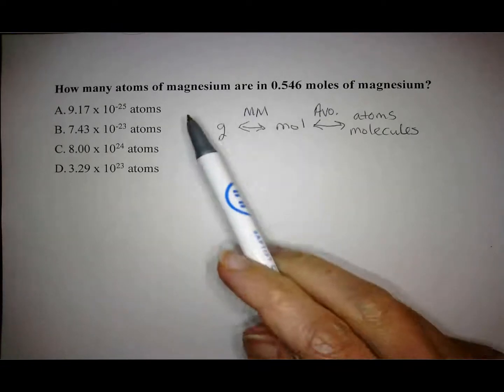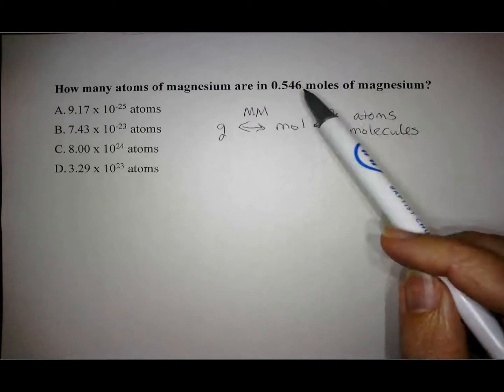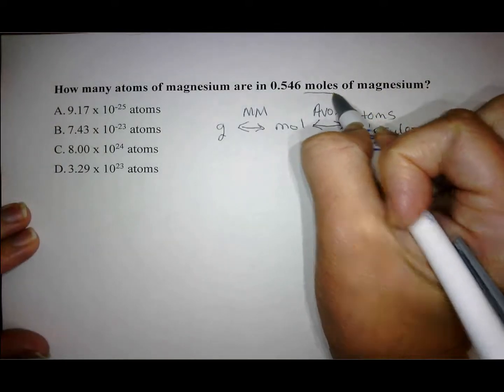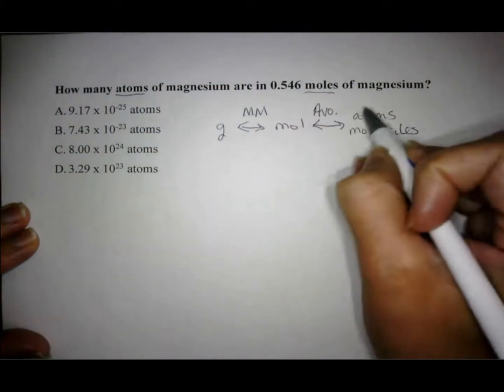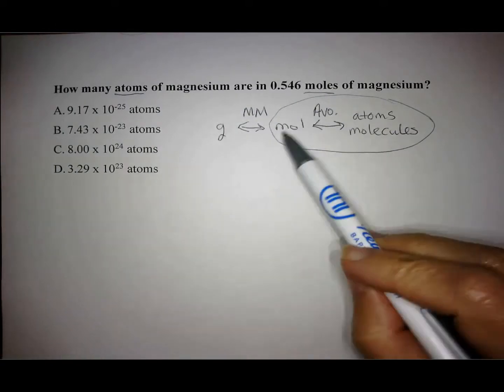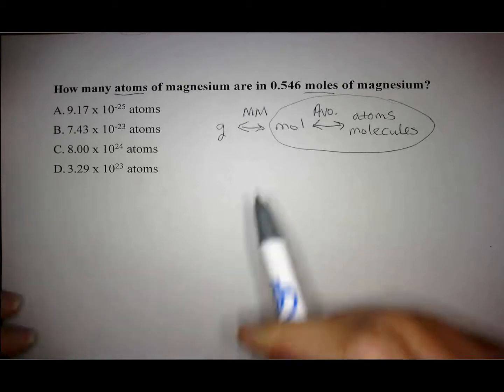So we need to look at the problem and see which things we're trying to find and which things we're starting with. We have moles and we're trying to find atoms. So we just need this particular part between moles and atoms. So we're going to use Avogadro's number.